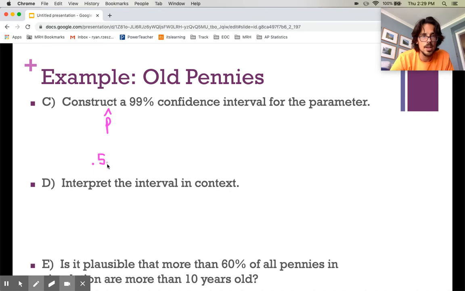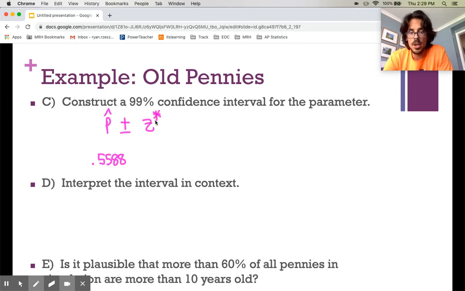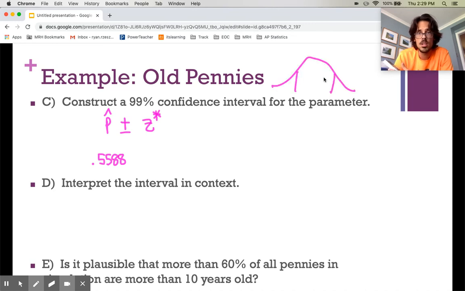So 0.5588 plus or minus. Time for a critical value, z star. Well, I don't know a 99%, so I have to do an inverse normal. When I do my inverse normal, if I have 99% in the middle, that makes the tail not even 1%, 0.005.